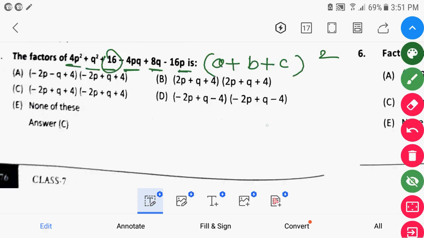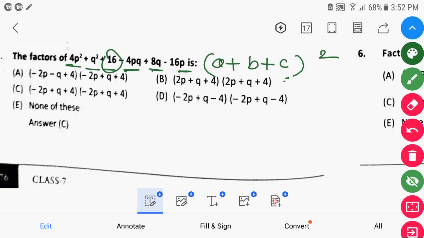So here you can find it in the simplest form by converting it as a plus b plus c.